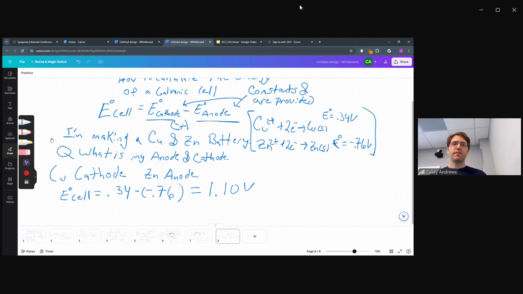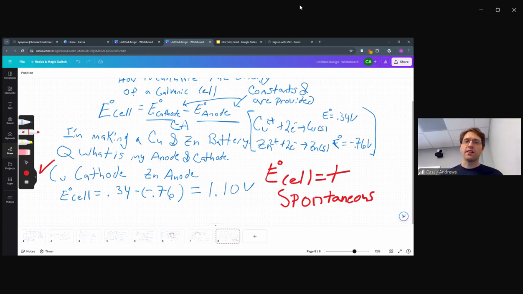All right. When you get an E cell that is positive, that means this reaction is spontaneous. So yeah, your guess was correct. If you put copper as your cathode, if you put zinc as your anode and you did that calculation, you got a positive voltage, which means, yeah, that battery will work as written.